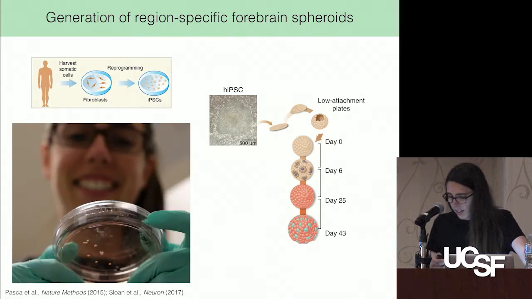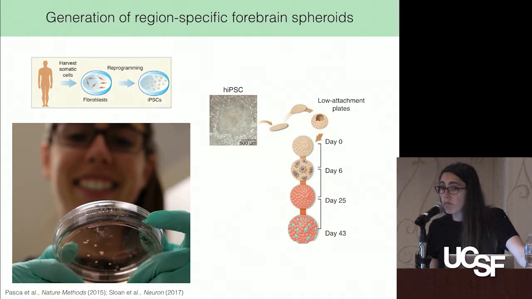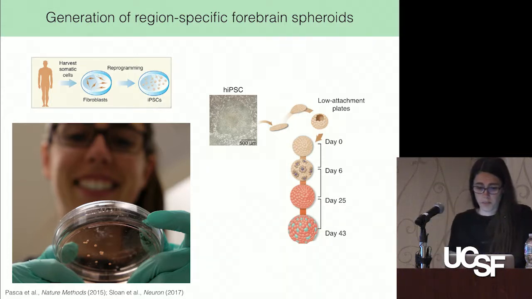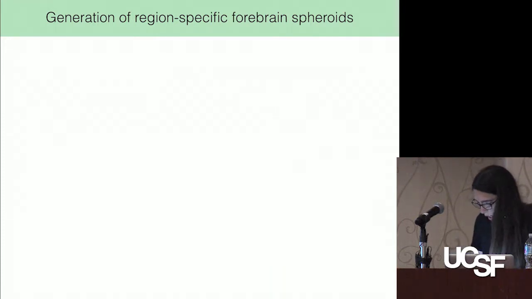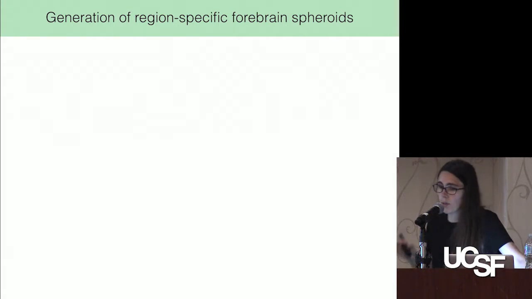And because these are floating spheres, the process is quite scalable, and it means that we can keep them in culture for a very long time. So these that I'm holding here are, I think, about 150 days old, but we have actually managed to keep these cells in culture for up to 700 days. And so we can generate 3D brain structures.